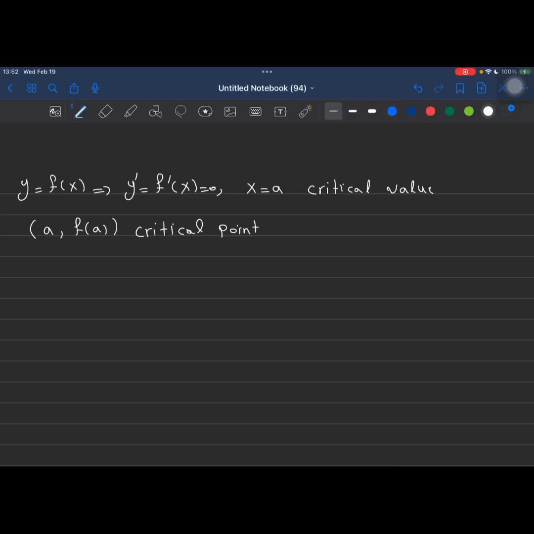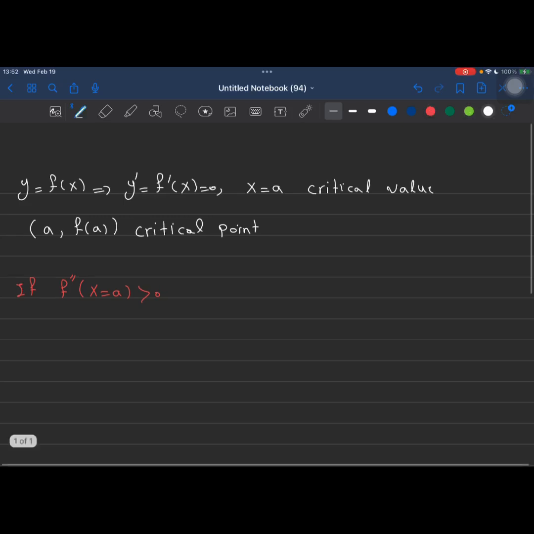Here's the test. If you evaluate f double prime of x at x equal to a, and if the answer is positive, then you say (a, f of a) is a local minimum.